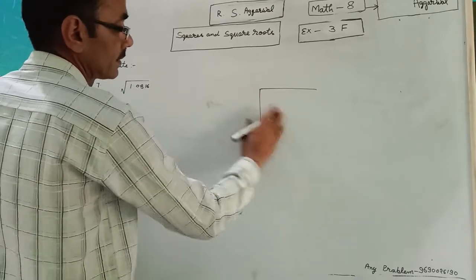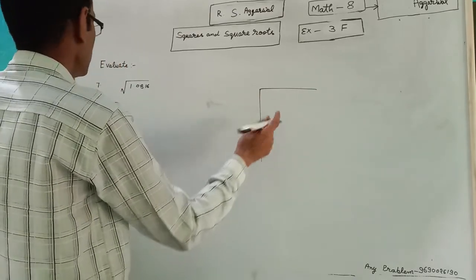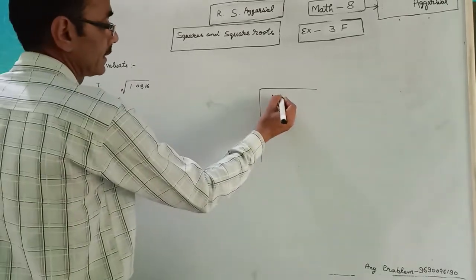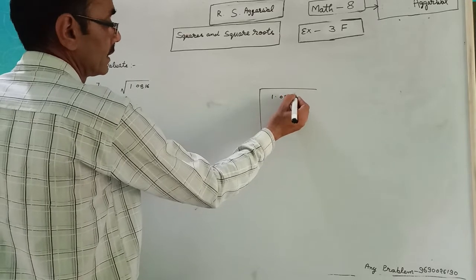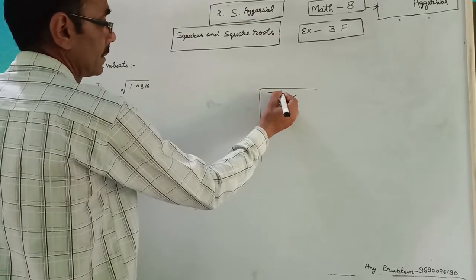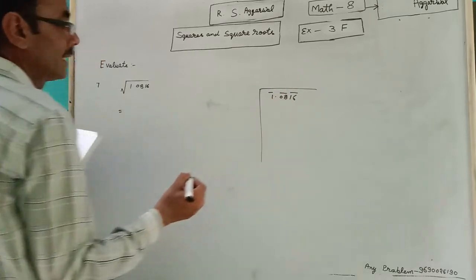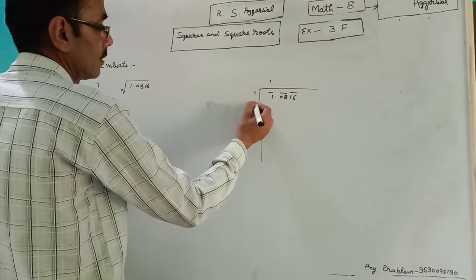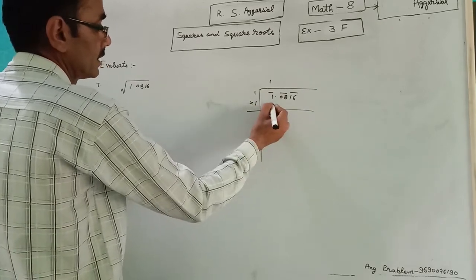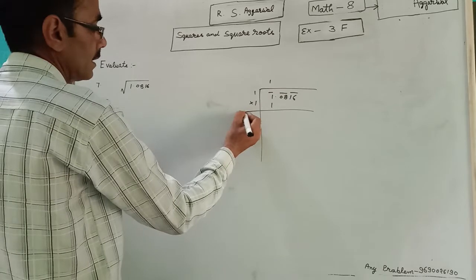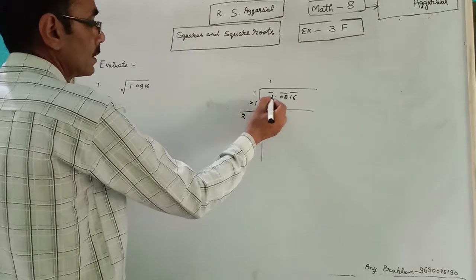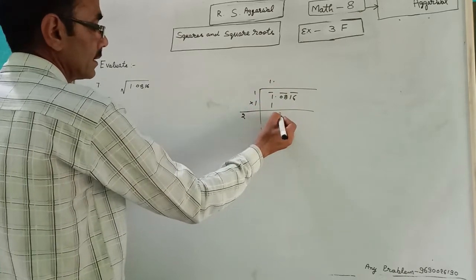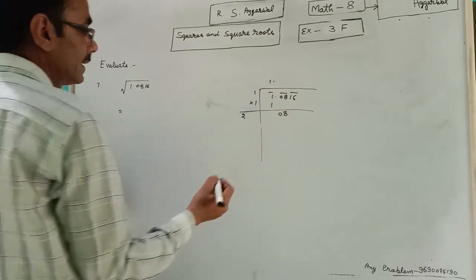Write the number 1.0816. Make the pair. First pair is 1, 08 and 16. 1 into 1, 1 1 ja 1. Multiply by 2. Put the point. 08.